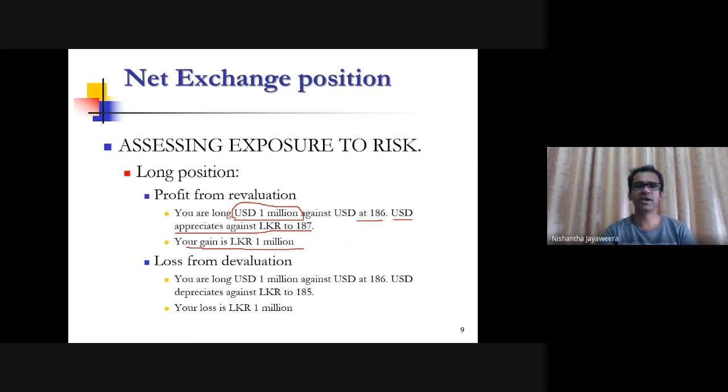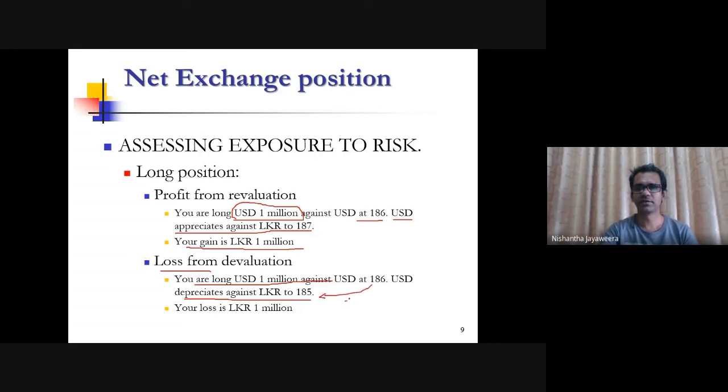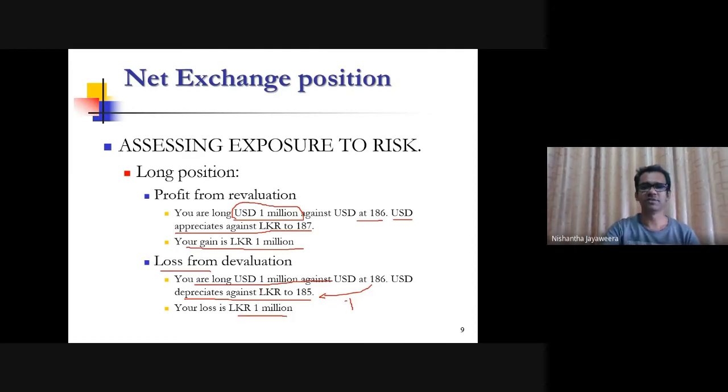But when you have a long position in foreign currency and the foreign currency depreciates, you will lose. For a drop of 1 rupee, your loss would be 1 million rupees because you had a long position in dollars.